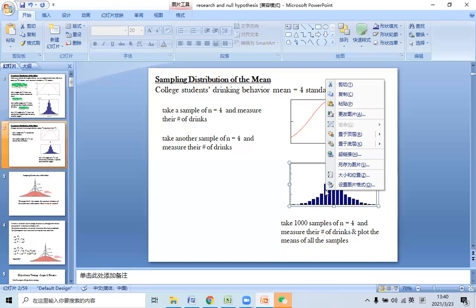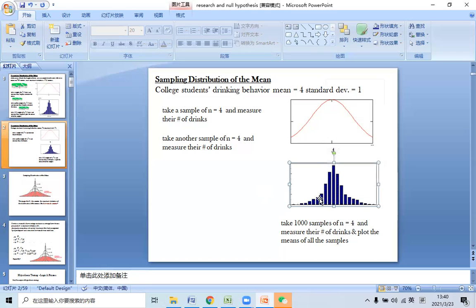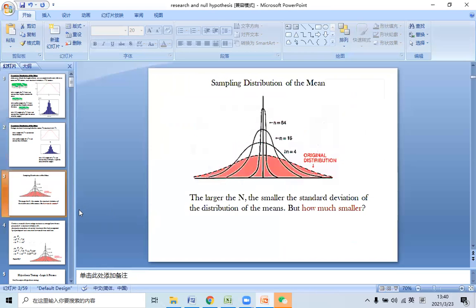But for the distribution of sample means, the standard deviation is much smaller. Again, it's smaller. The larger the sample size, the smaller the standard deviation of the distribution.